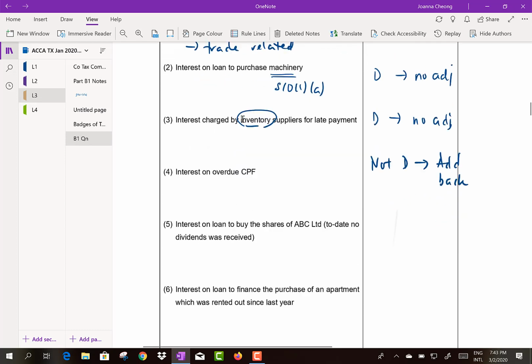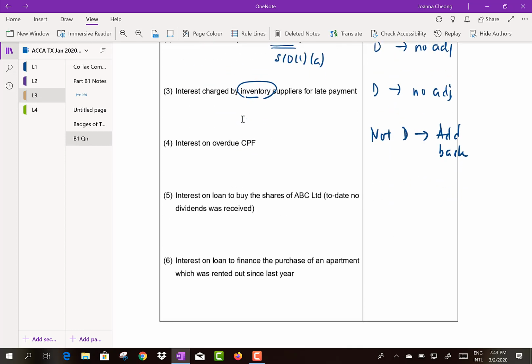Okay, moving on. Interest on loan to buy shares of an ABC Limited. To date, there is no dividend issue. Okay, assuming that this is a normal trading company that is making and selling goods. Dividend income is the investment income. So dividend income, is it a trade or non-trade? Non-trade, right? So the interest on the loan to buy the shares will definitely be not trade related.